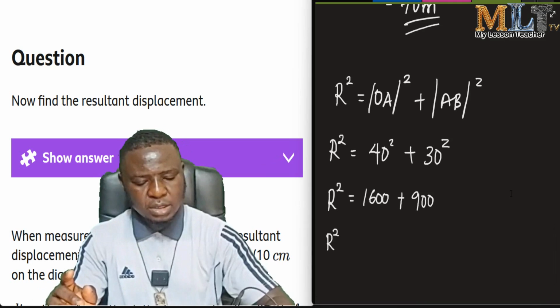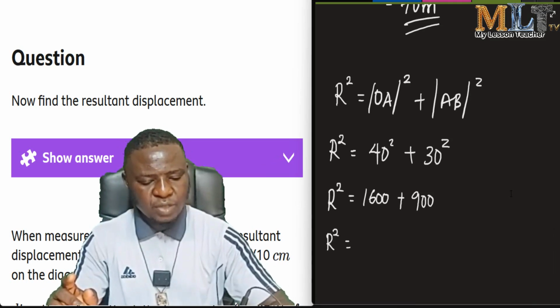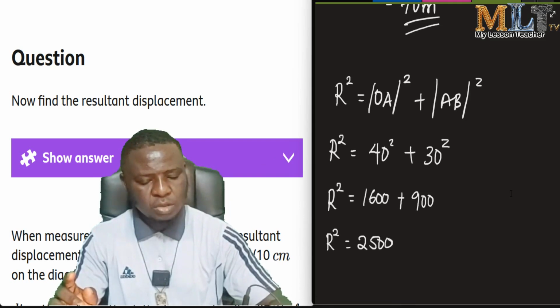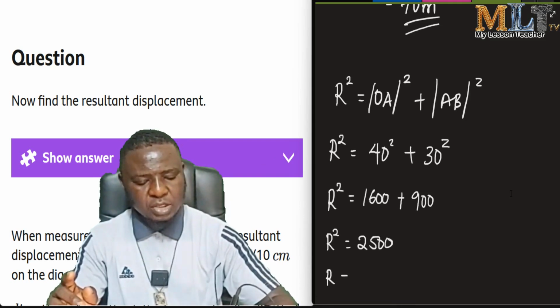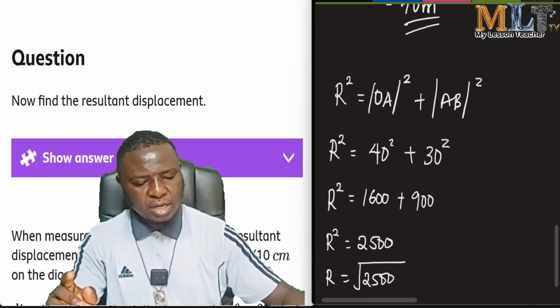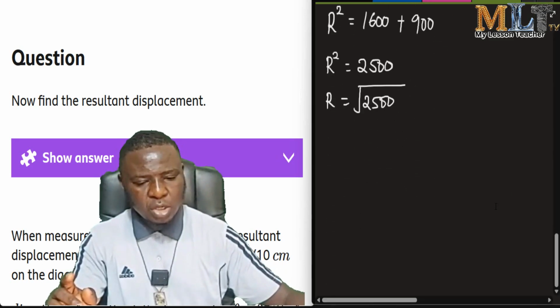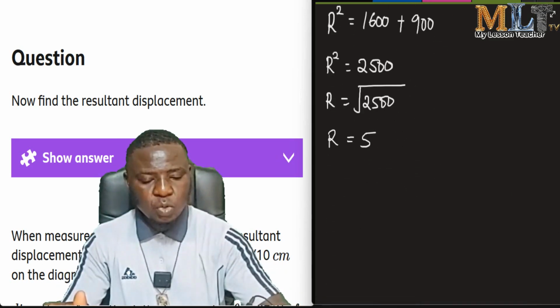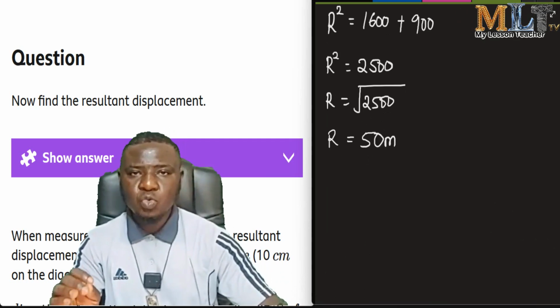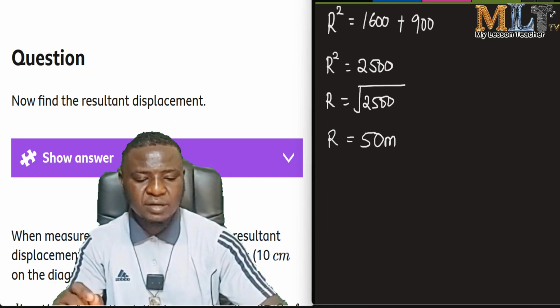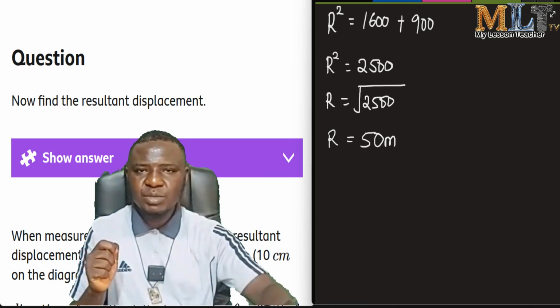So r squared is equal to, summing both of them, 2500, where r is the square root of 2500. And if you use your calculator, r is equal to 50 meters, by looking for the square root of 2500.